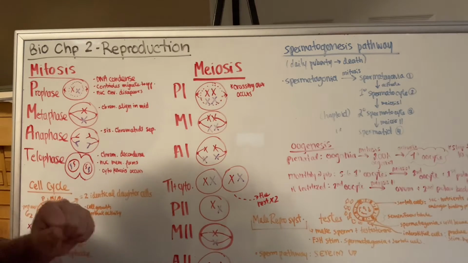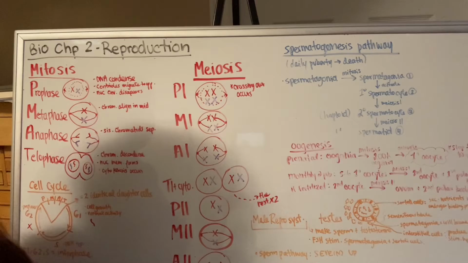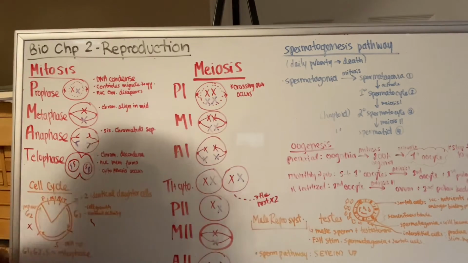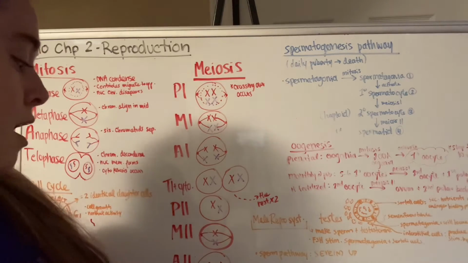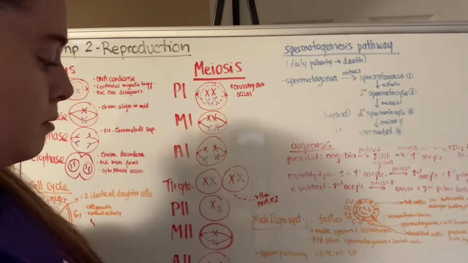So that is the major steps of meiosis. Now, one important thing to remember also is that non-disjunction occurs when the sister chromatids don't separate properly. That would cause an uneven distribution of the chromosomes that we're supposed to have.